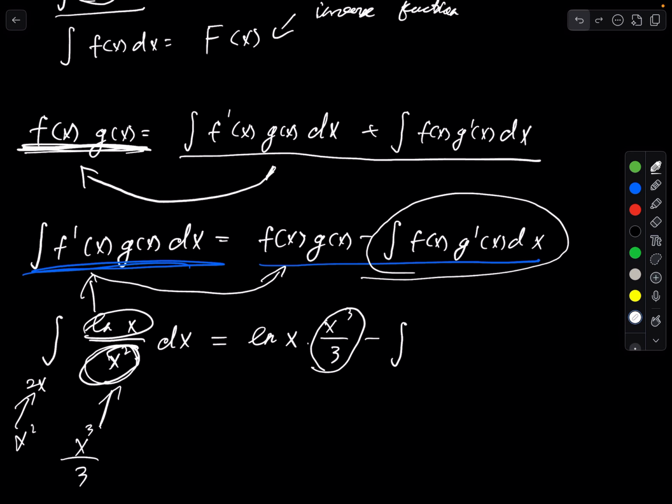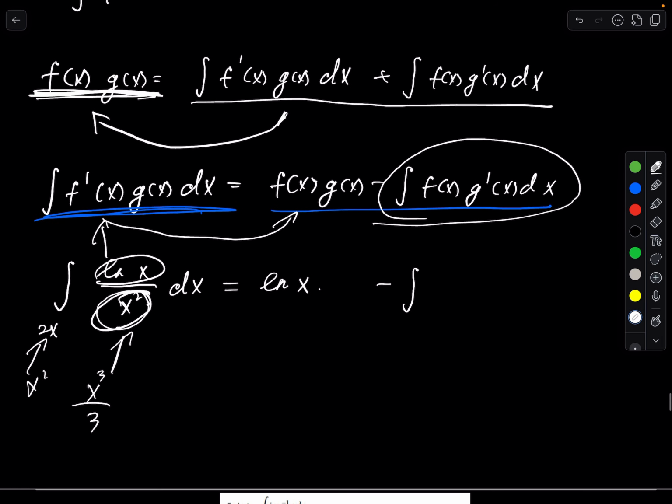Oh, actually, my apologies. It's not going to be x cubed over 3, because here it is x to the negative 2 power, right? Not just x squared, because it's in the denominator.